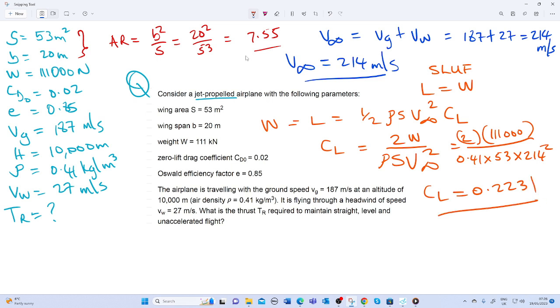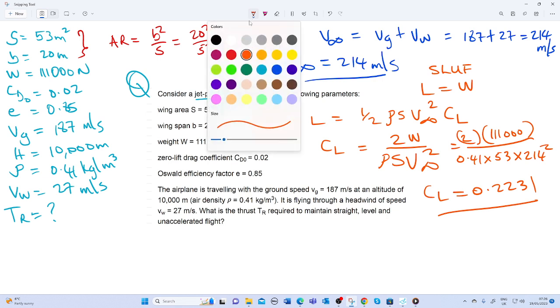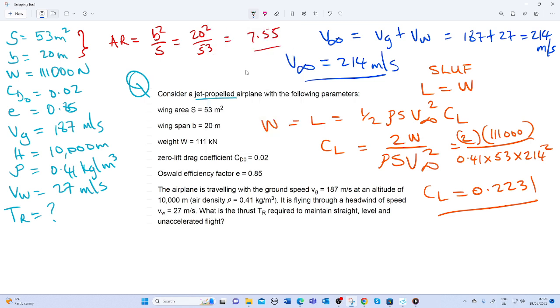From there, we can deduce that our CD, which is coefficient of drag, becomes CD0 plus CL squared over pi e AR.